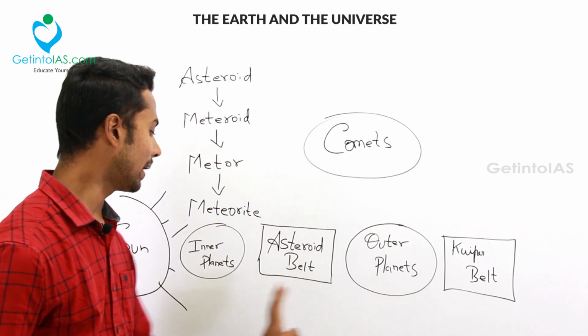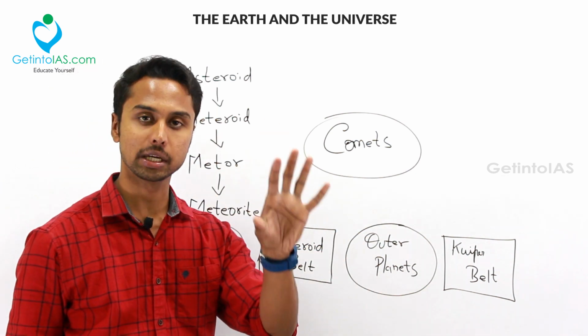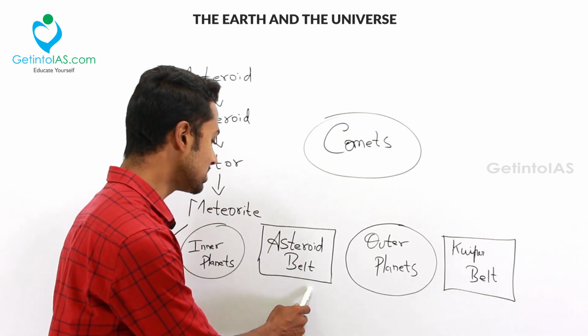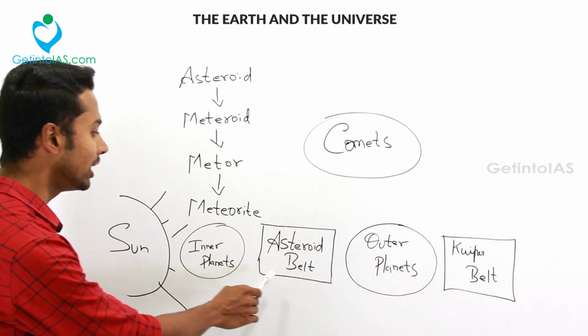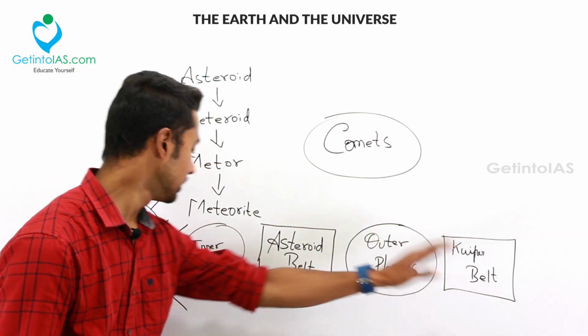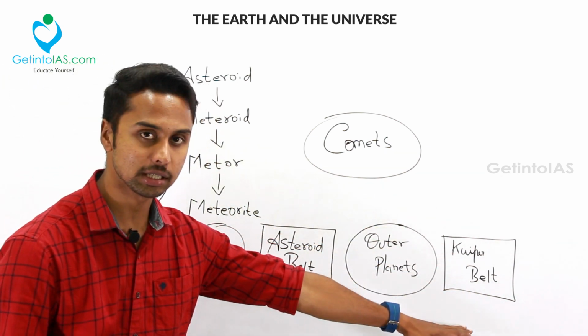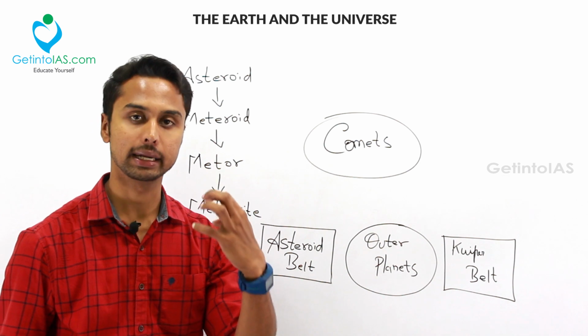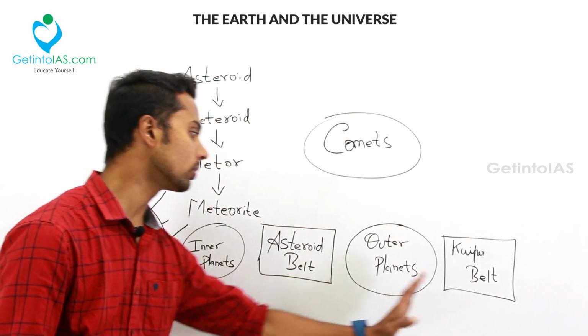But on the other hand, these planets are of regular or a finite shape. That's the difference. The asteroid belt, since it is close to the Sun, will have rocky particles. On the other hand, the Kuiper belt, since it is farther from the Sun, will have icy particles. That is the difference between the asteroid belt and the Kuiper belt.